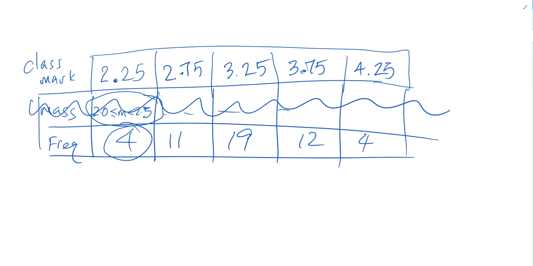We can only find an estimate using the class mark. And it is an estimate because I don't know the distribution. So it is just agak-agak. So in Singaporean terms, there are agak-agak 4 babies with mass of 2.25. Or rather, there are 4 babies with an estimated mass of 2.25 kg. There are 19 babies with an estimated mass of 3.25 kg. Get it?